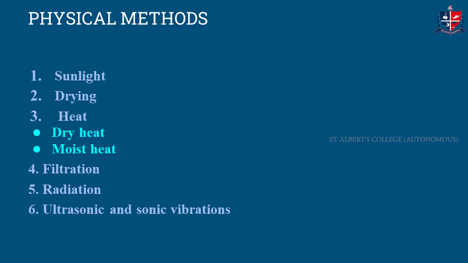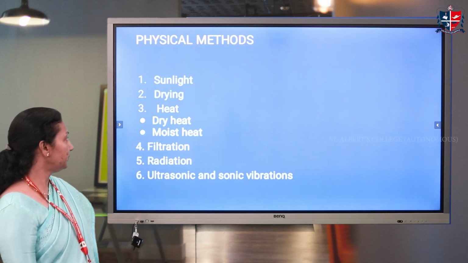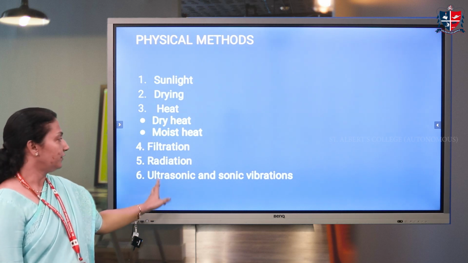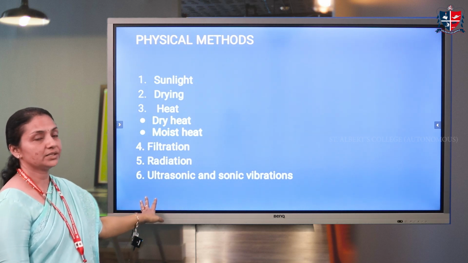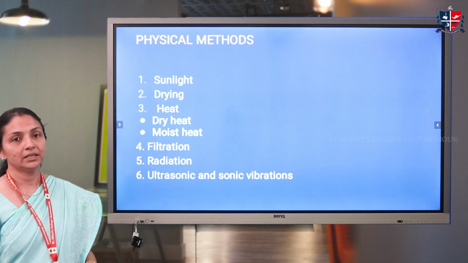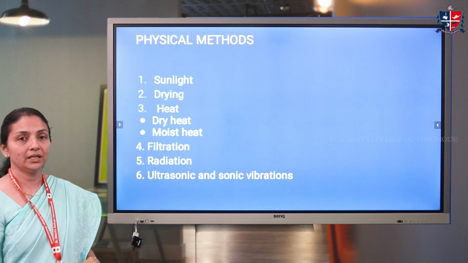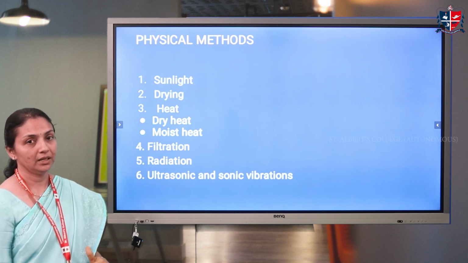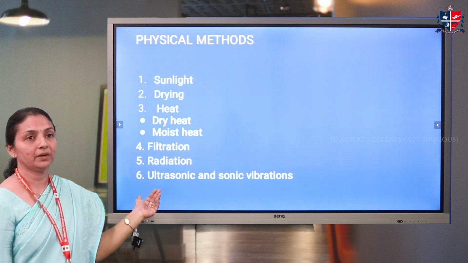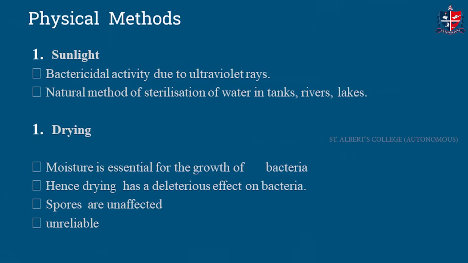Physical methods of sterilization. We can list 6 under them, that is sunlight, drying, heat, filtration, radiation, and ultrasonic and sonic vibrations. Under heat, we have 2 types, that is dry heat and moist heat. Among all these, heat is one of the most important methods of sterilization.